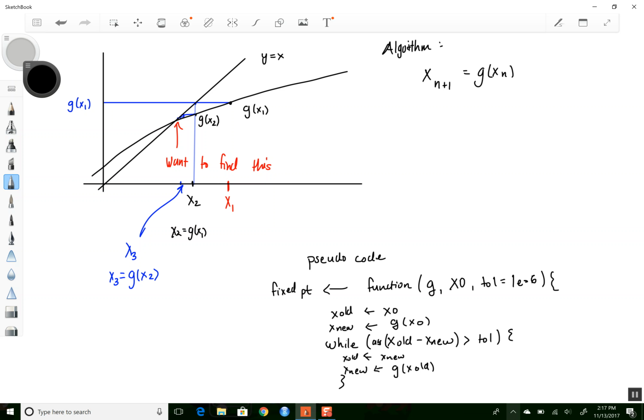So mathematically, we want to find where g of x is equal to x, right?